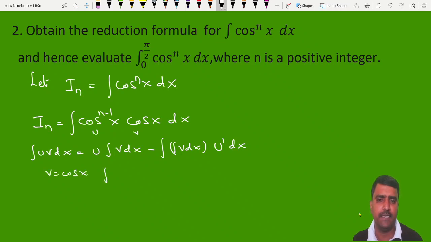So then what is integration of v dx? Integration of v dx is equal to integration of cos x. What is integration of cos x? Integration of cos x is plus sin x, not minus, it is a plus sin x. You can use this value directly here in place of integration of v dx.